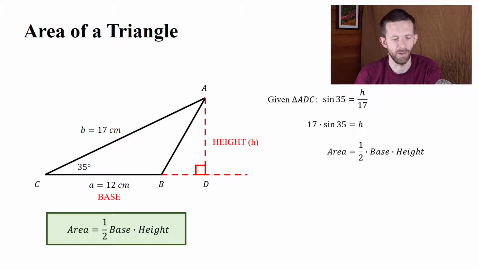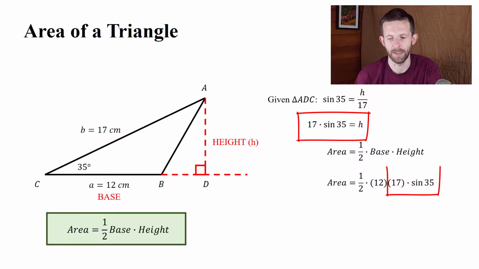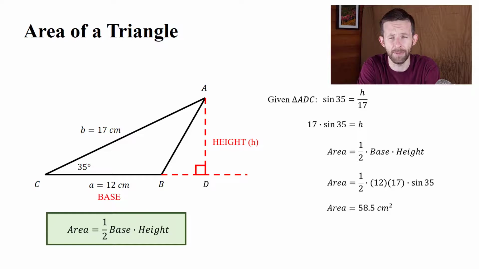My base of triangle ABC is still 12. My height is the h, which I solved for, which is 17 times sine of 35. I can evaluate that and get 58.5 squared centimeters for the area of triangle ABC.